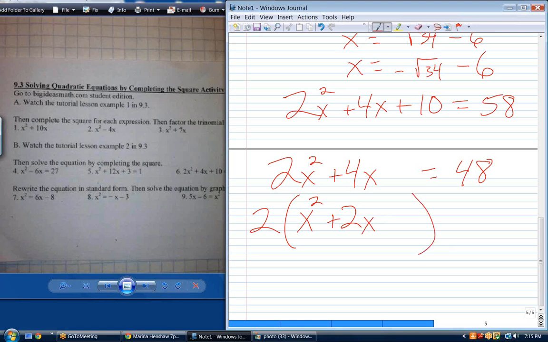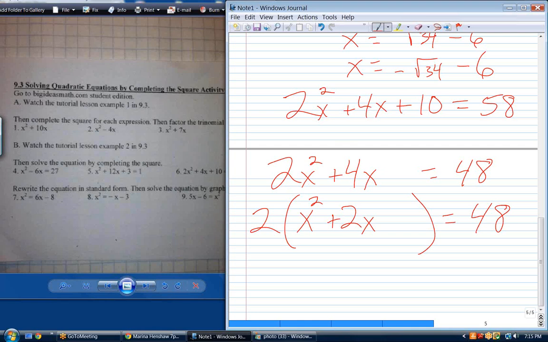Like that. In other words, I haven't done anything yet other than remove the 2 from the x squared term. And I was able to do that by factoring out the 2 from both of these terms.